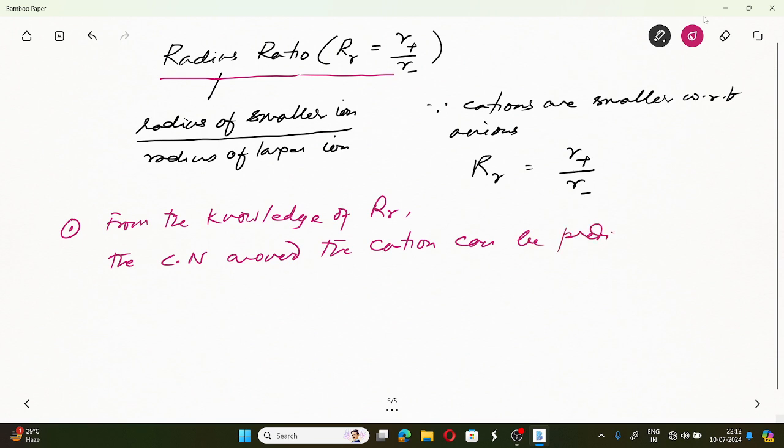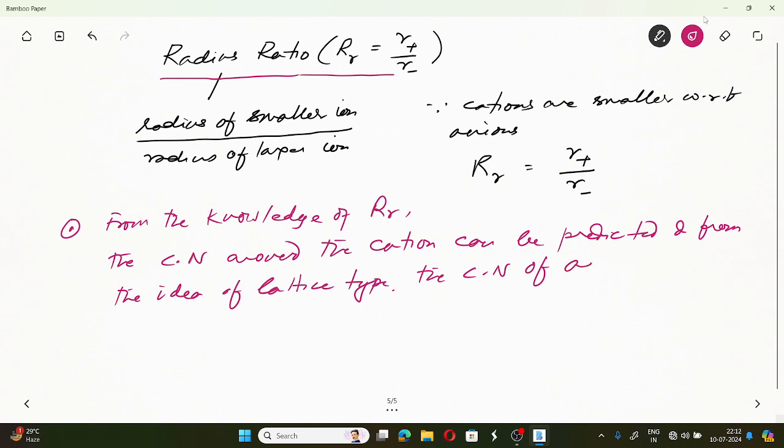And from the idea of lattice type, the type of lattice in which it is crystallizing, the coordination number of anion can also be determined.